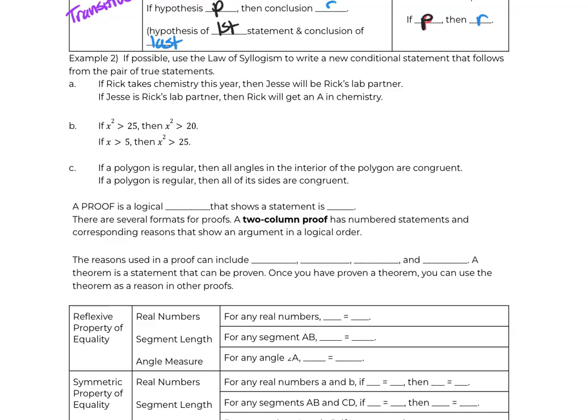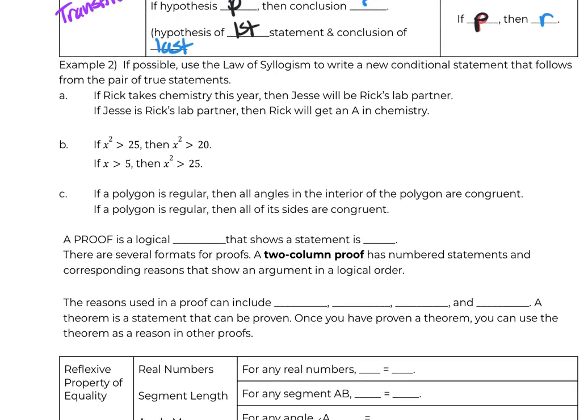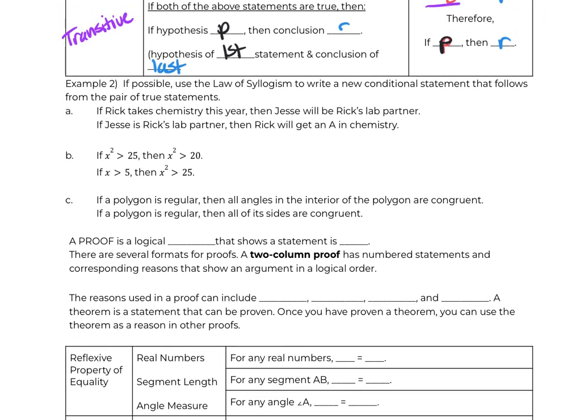All right, so let's go ahead and look at these. If possible, use the law of syllogism to write a new conditional statement that follows from the pair of true statements. With this, we have to be really careful about making sure we're eliminating the middle. So for this first one, I'm going to definitely color code here.